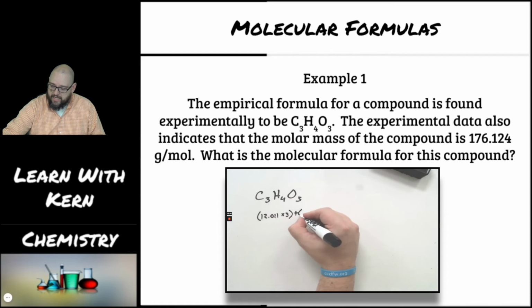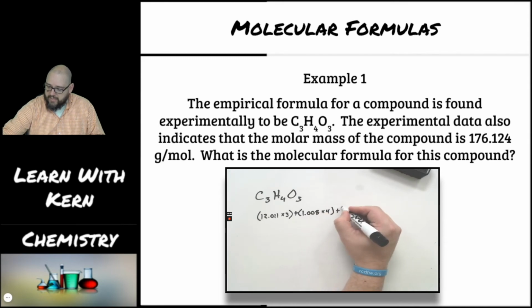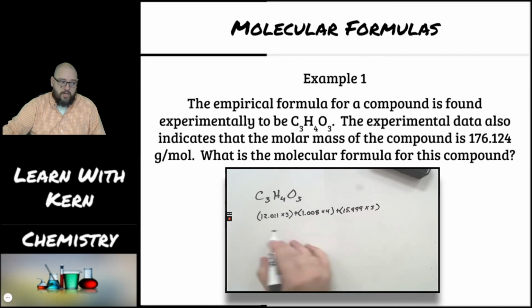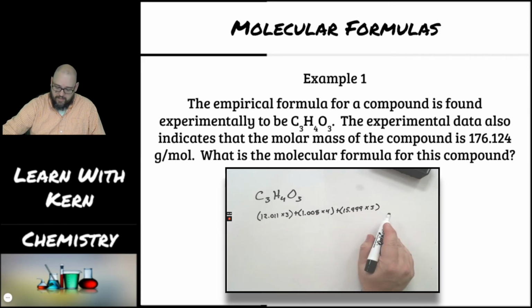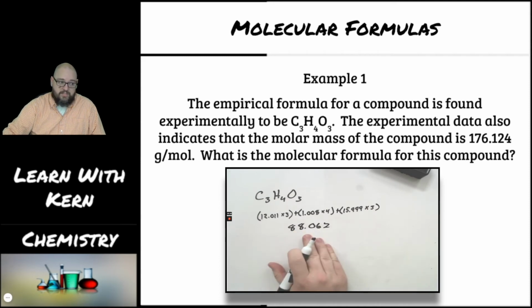And I'm going to add hydrogen's mass of 1.008, and there are 4 of those. And then I'm going to add oxygen's mass of 15.999, and there are 3 of those. So I put this in my calculator, I multiply it all out, and I get 88.062. So this is the mass of my empirical formula.